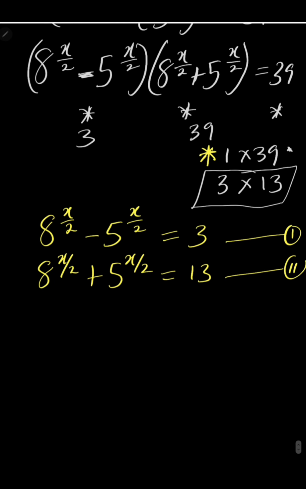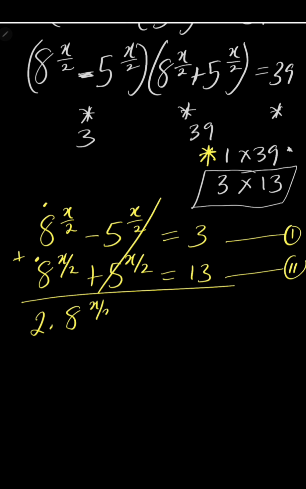Adding the two equations, this will go. This plus this means that they are double. So we can have it as 2 times 8 raised to the power of x over 2. 3 plus 13 is 16. Let's divide both sides by 2.